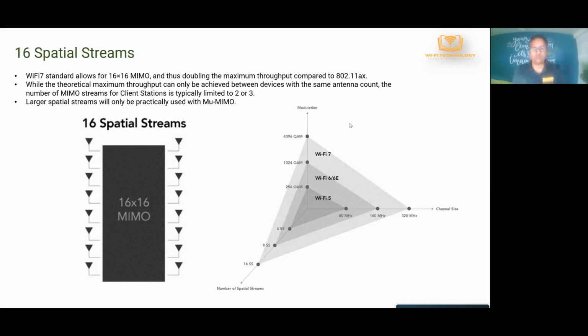But that is a part of the standard. So most implementations that we'll see are still most likely going to be 4x4, even for Wi-Fi 7. Maybe in some cases you will see 8x8, but 16 by 16 is really not practical.